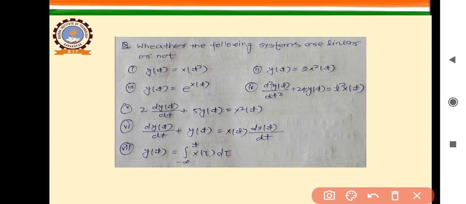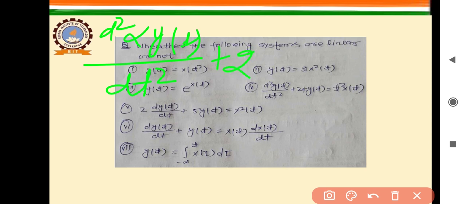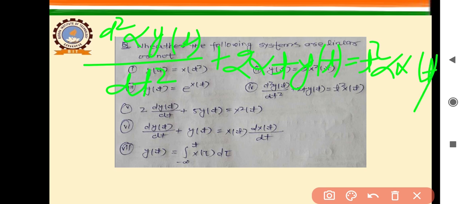To check the law of homogeneity, I will replace y(t) by alpha y(t), then I will get d2 (alpha y(t)) by dt square plus 2t alpha y(t) is equal to t square alpha x(t). In the same equation, I will replace this x(t) by alpha x(t) only.